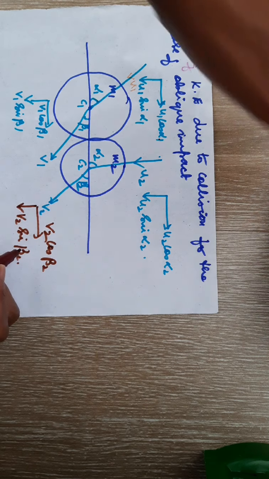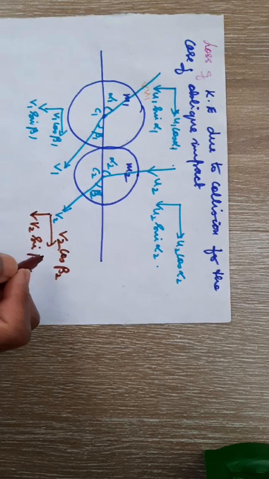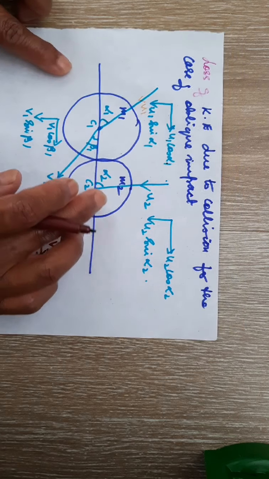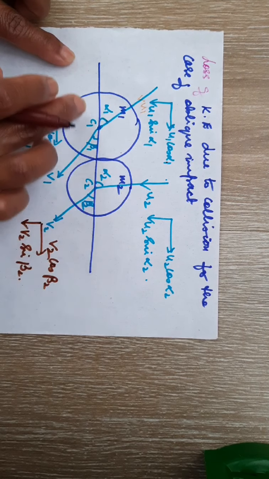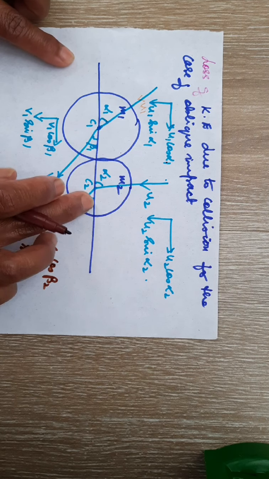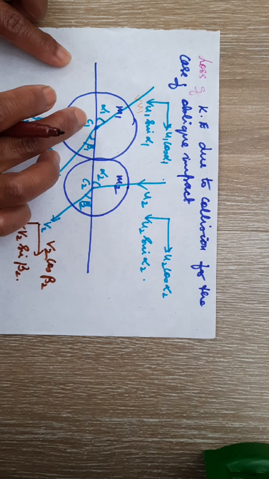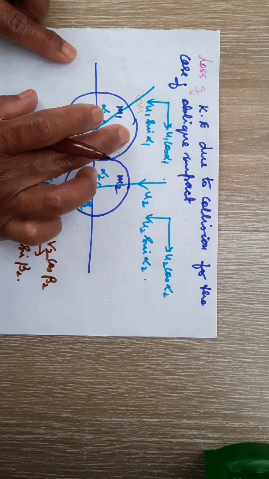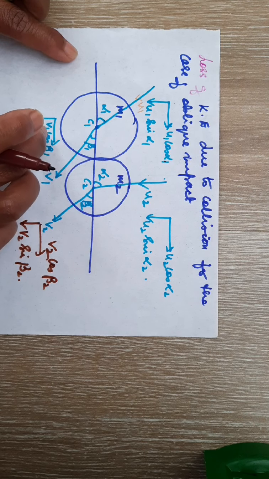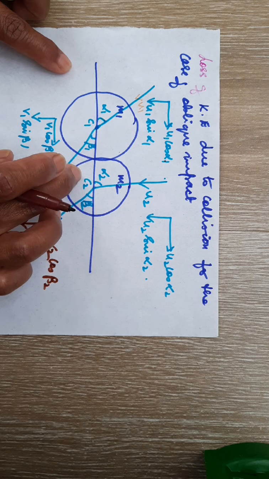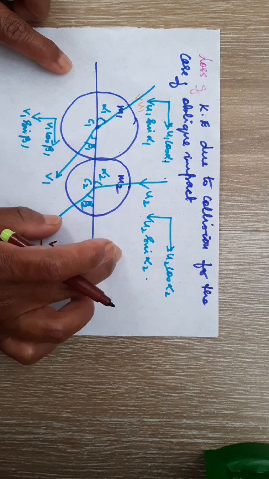Now let us find out what will be the loss of kinetic energy. We know that for the collision of smooth spheres, the action and reaction will take place only along the line of centers, that means along the line C1C2. Perpendicular to the line of centers, there will be no change in their velocities. That means the component velocities before impact and after impact in the direction perpendicular to the line of centers will remain the same for the first sphere and for the second sphere.